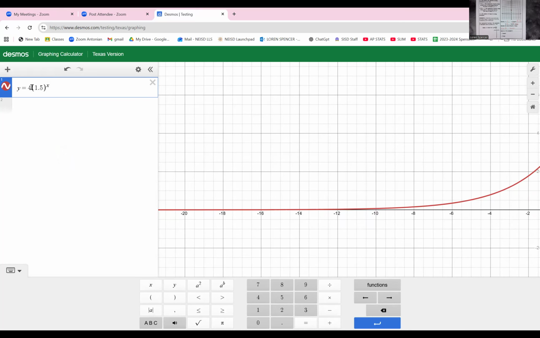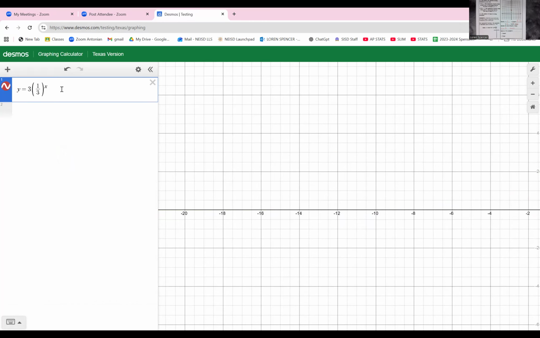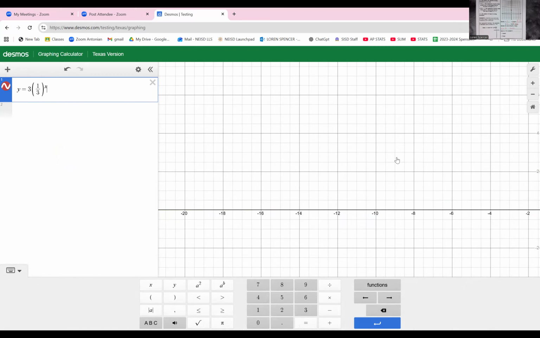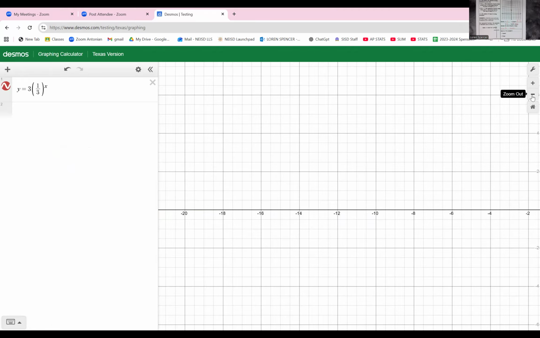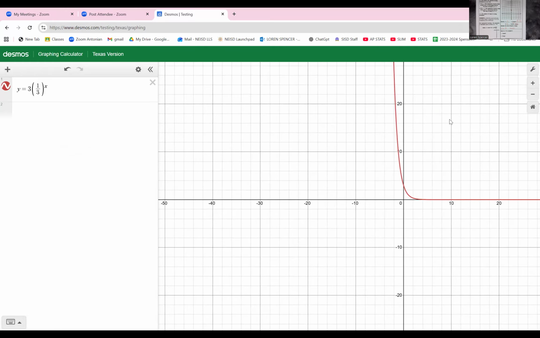And we had a 3 there, and here we had 1/3. And we need to zoom out.